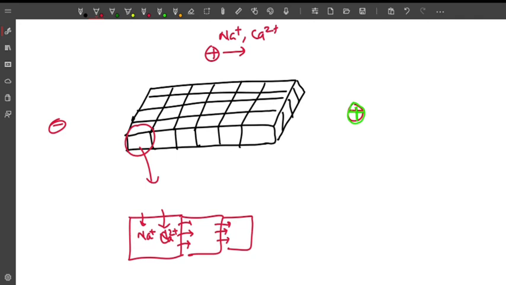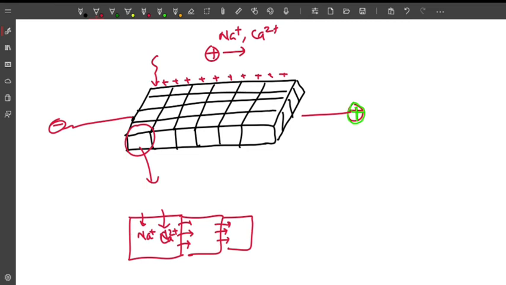All right, so in this tissue which is connected to these two poles, suppose an impulse is conducted here, so this layer of cells becomes positive.